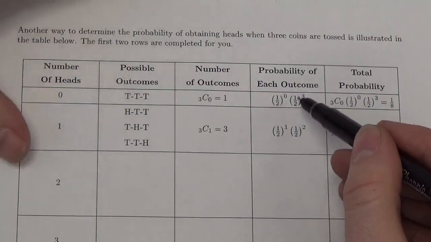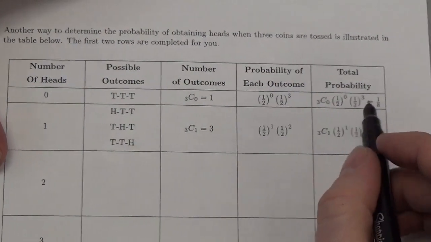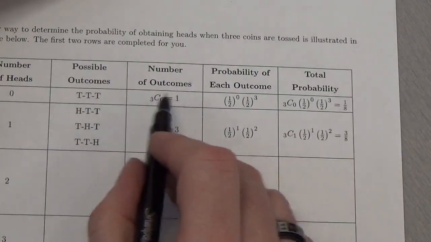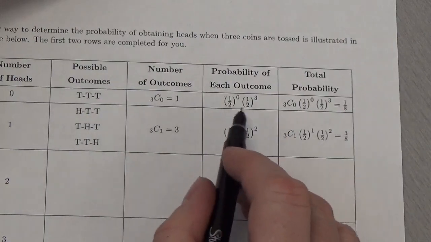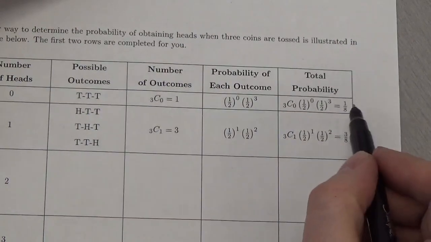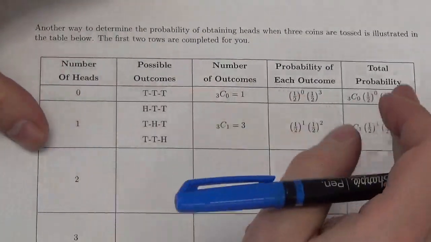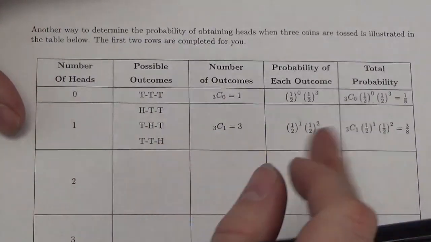This is the probability of getting a tail, and there's going to be 3 of those. So then what we do is we multiply the number of ways of getting no heads by the probability of getting no heads, and we get 1/8 there. Now, that first line explaining it really doesn't make a whole lot of sense. Hopefully it'll start to make more sense as we go through it.